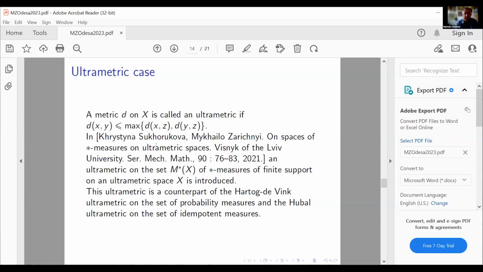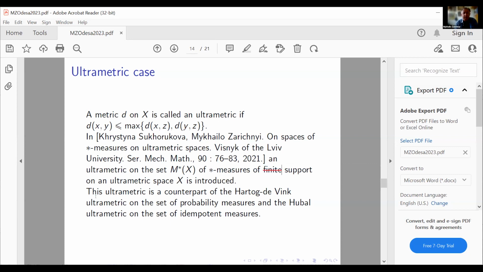And together with Kristina Sukhorukova, we constructed an ultrametric on the set of all star measures of finite support of an ultrametric space of compact support.